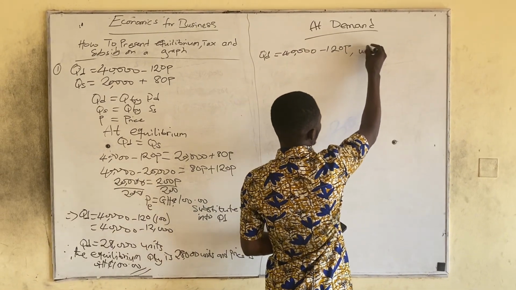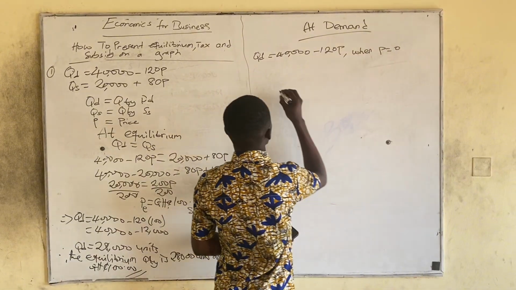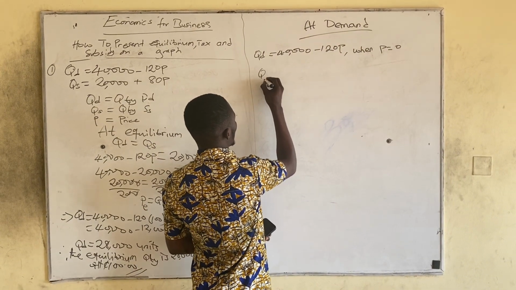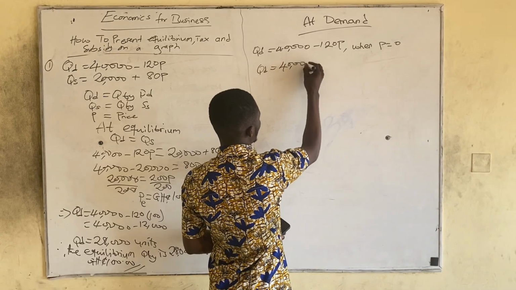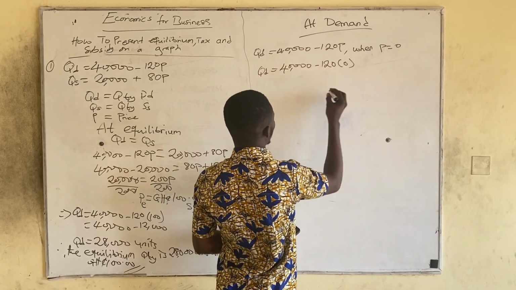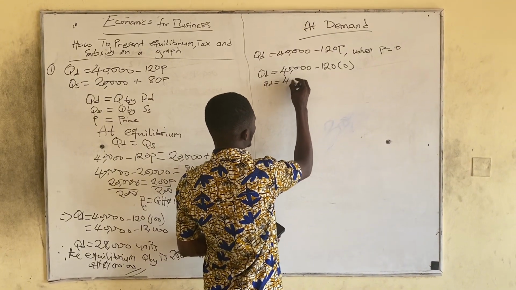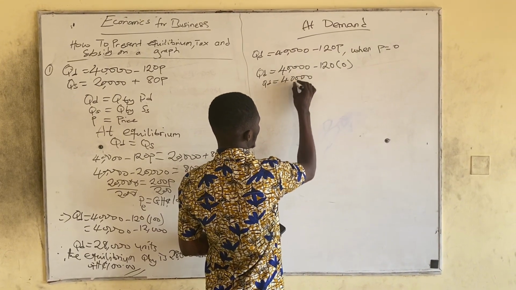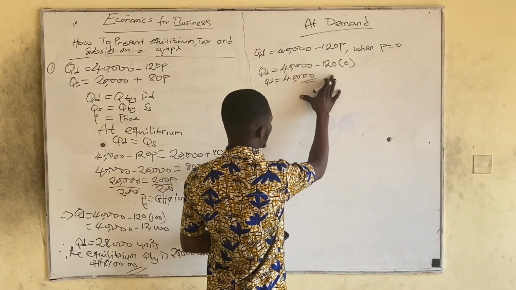So when p equals 0, our quantity demand will give us 40,000 minus 120 times 0. Then quantity demand will give us 40,000.